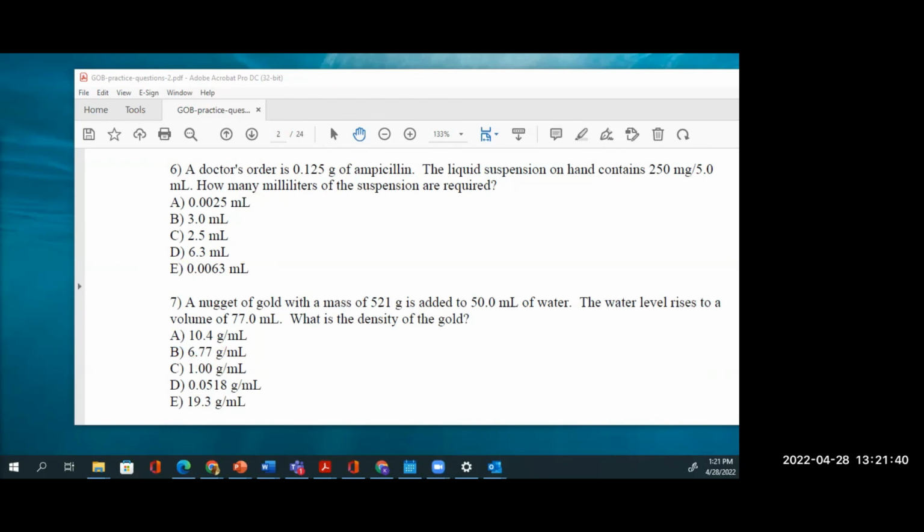Okay, so a doctor orders 0.125 gram of ampicillin. The liquid suspension on hand contains 250 milligrams per milliliter. How many milliliters of the suspension are required?